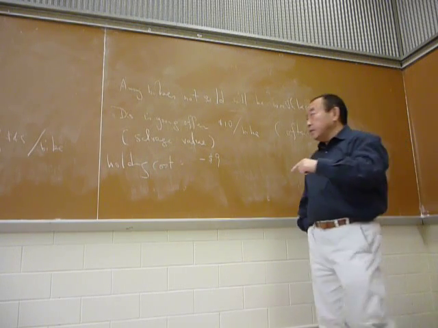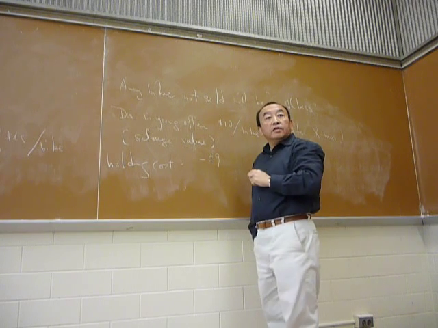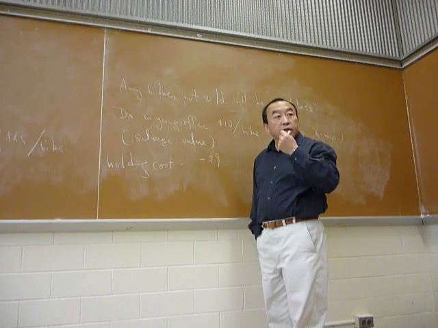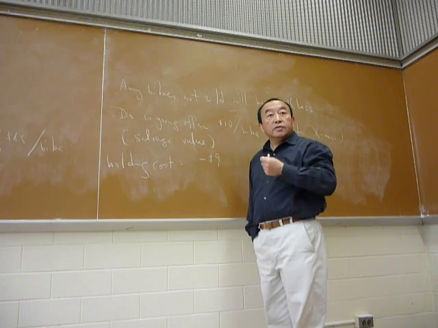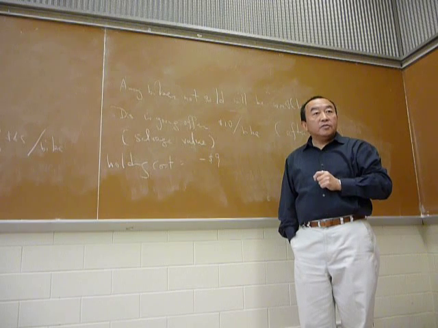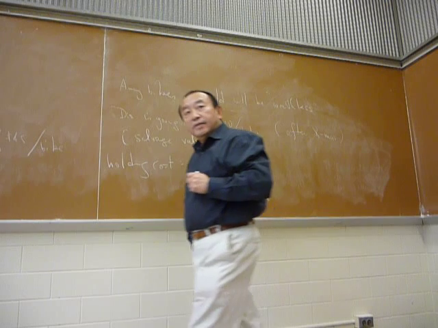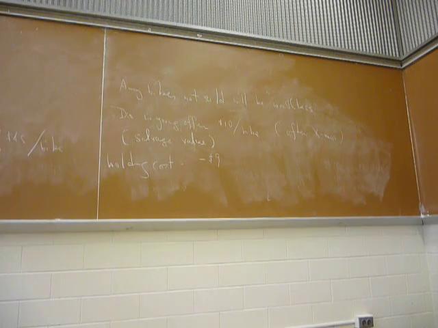Well, the reason is that if you can still sell it, you get a positive $10 back. So the real negative cost is only $1. Therefore, the holding cost is -$9. In other words, you can make a profit in that regard. If you hold it in your storage room, the real cost is only $1, but you have the possibility of a sale.